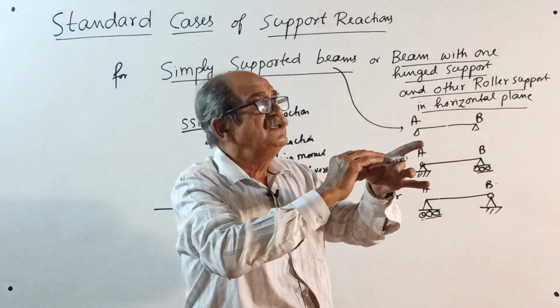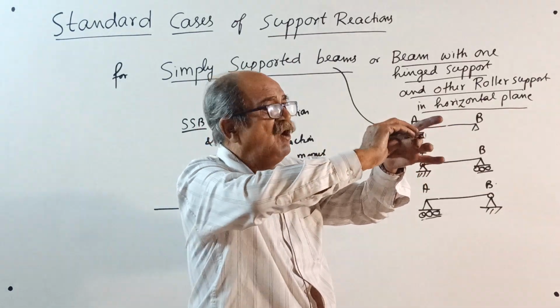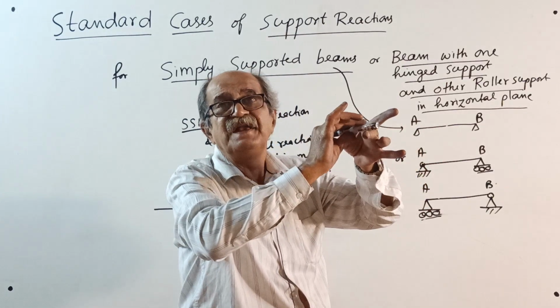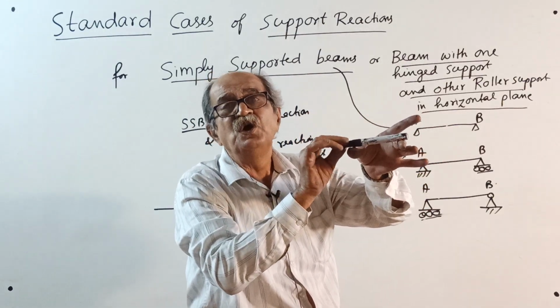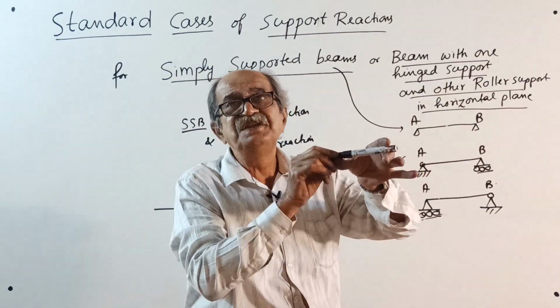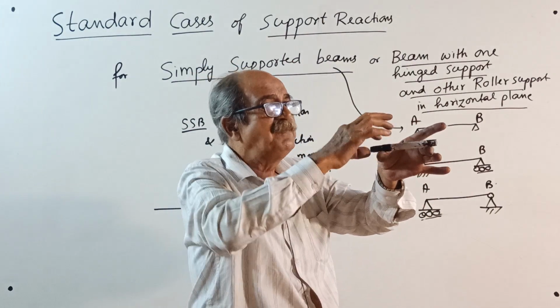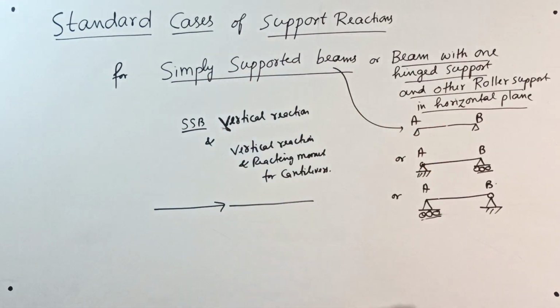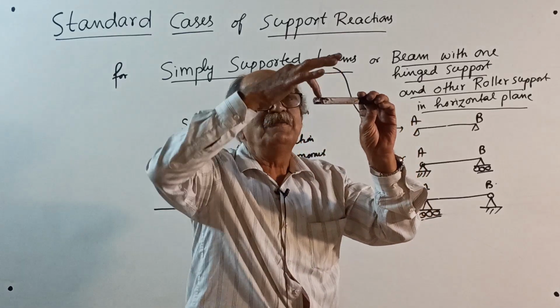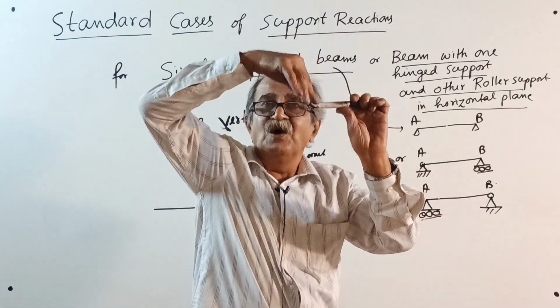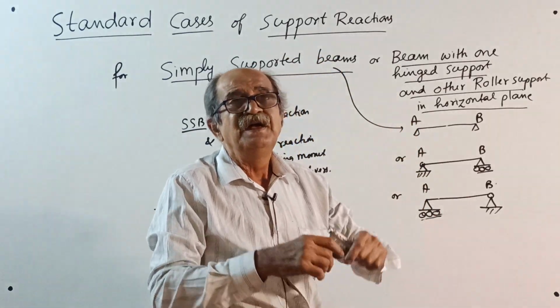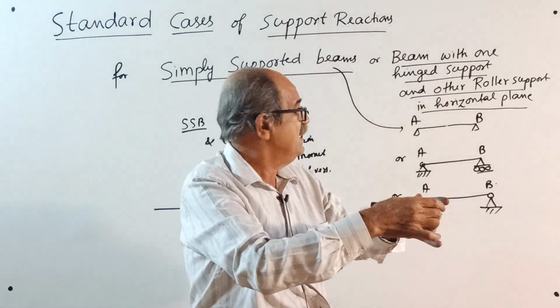Some will argue it cannot give reaction because it will separate. No, in that case that support should be a hinged support, which can take reaction, or you should place the simple support above the beam. Then it can give downward reaction.